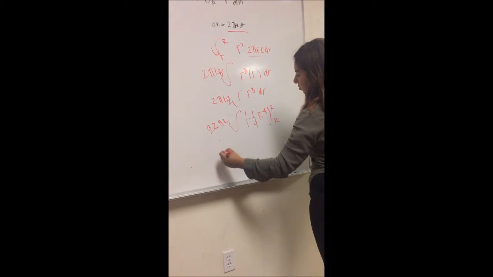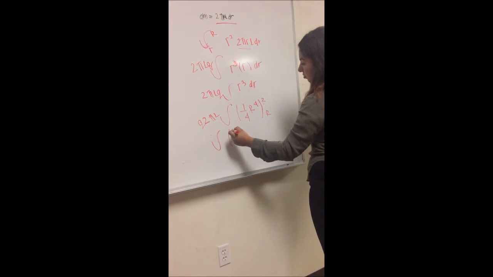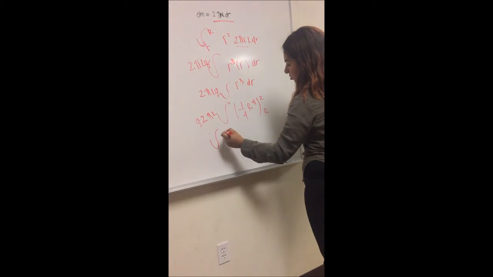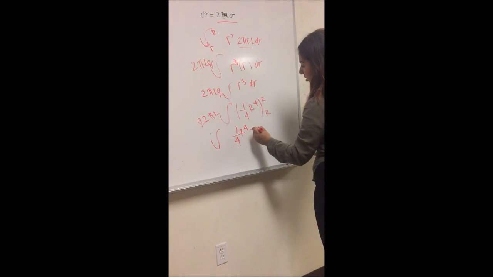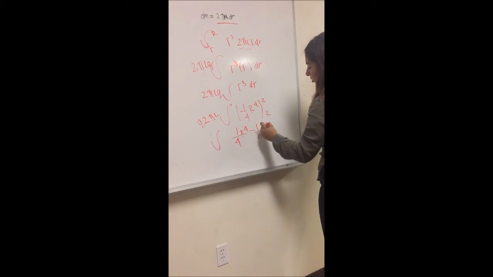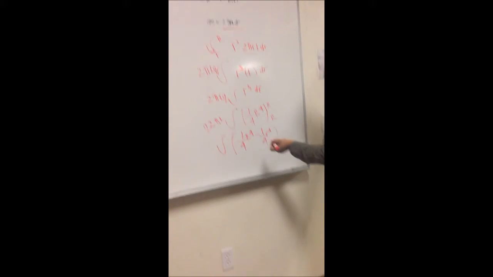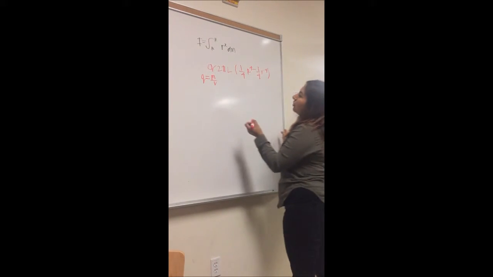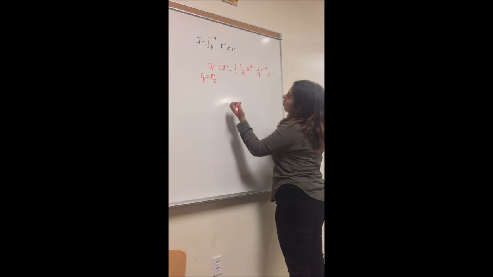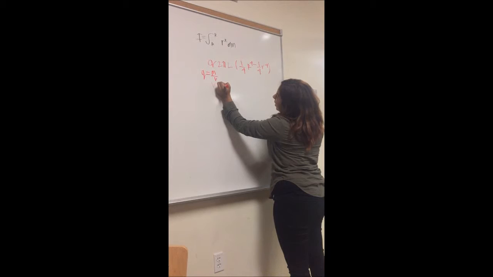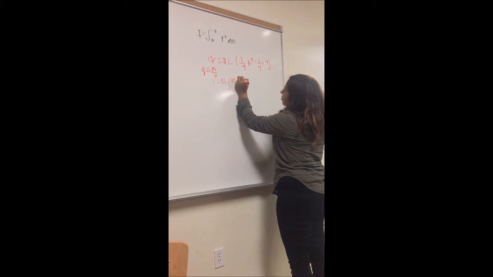So now we're gonna incorporate the limits. So it'll be 1/4 big R to the 4th minus 1/4 little r to the 4th. Because we know that rho is equal to mass over volume, we're gonna plug in for our volume, which is pi L times big R squared minus little r squared.